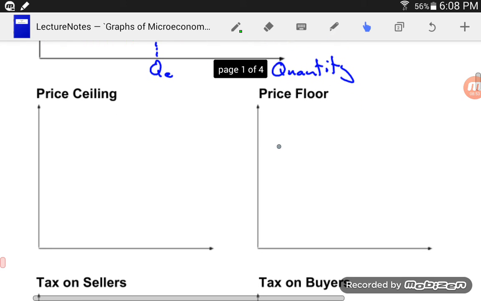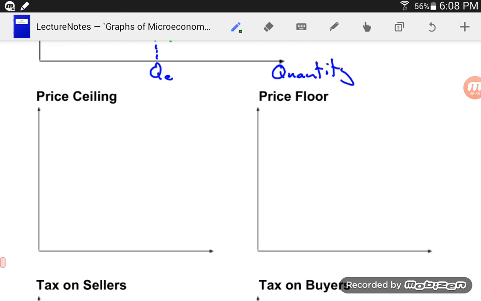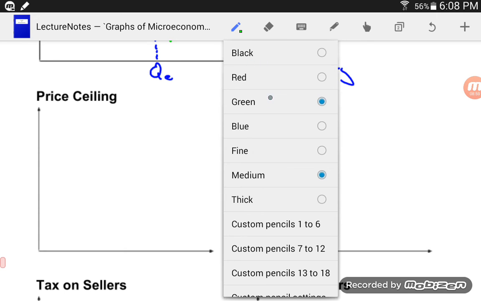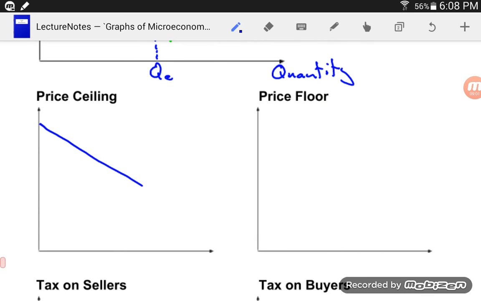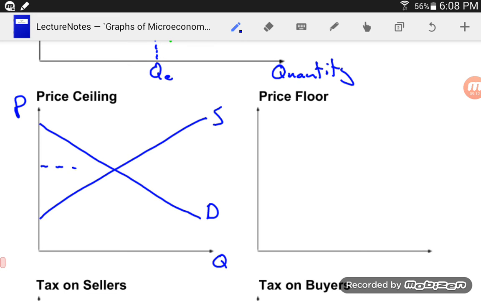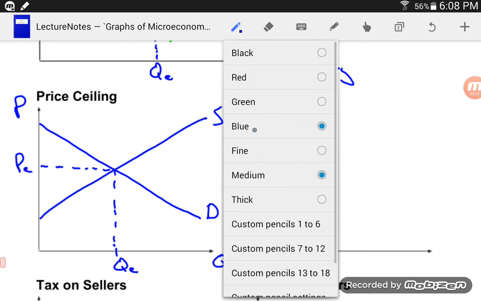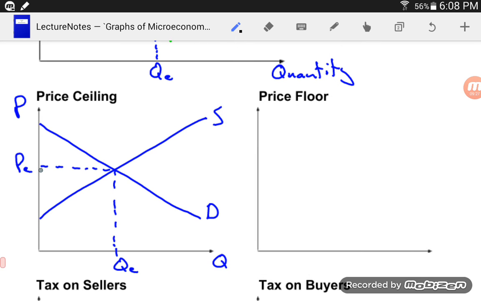So let's talk about a couple things that would get us away from market equilibrium and what that looks like then. So let's quickly draw a supply and demand graph. Demand, supply, P, Q. I'm going to draw on the equilibrium price, the equilibrium quantity, and now if we put in a price ceiling, what that means is if it's an effective price ceiling, it means it won't allow the price to get all the way up to the market price.